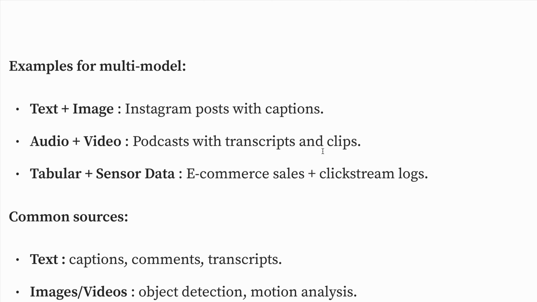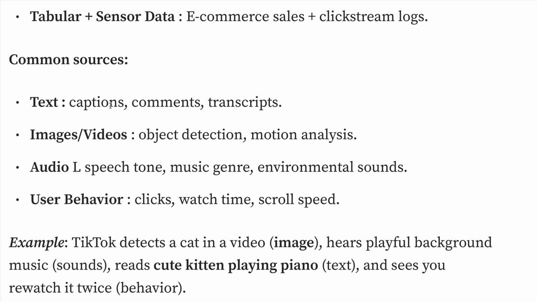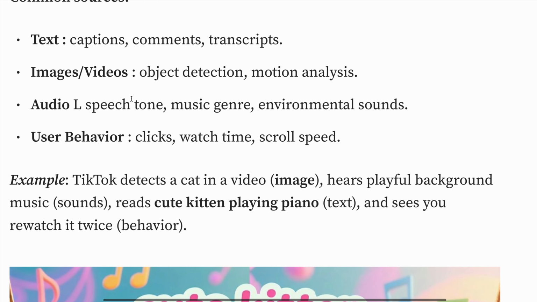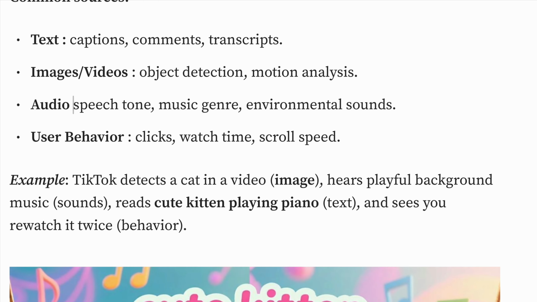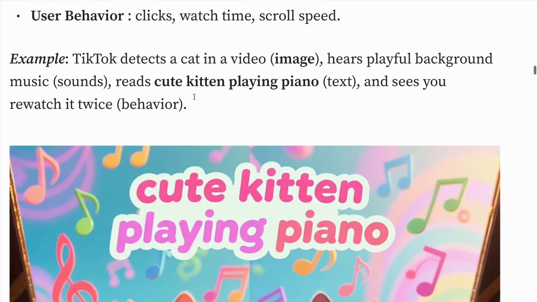Examples of multimodal data: text and image, like an Instagram post with a caption; audio and video, like a podcast with transcripts and clips; tabular and sensor data, like e-commerce sales and clickstream logs. Common sources: text, such as captions, comments, and transcripts; image, such as object detection and motion analysis; audio, such as speech, tone, music genres, and environmental sound; and user behavior, such as clicks, watch time, and scrolling.